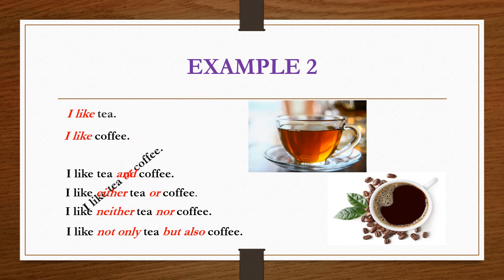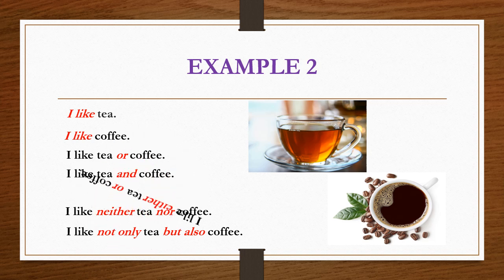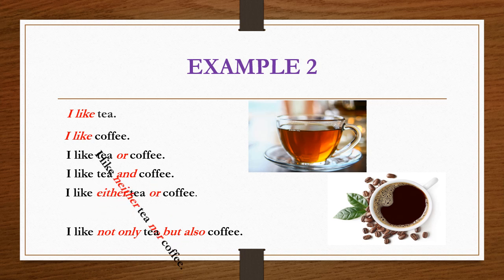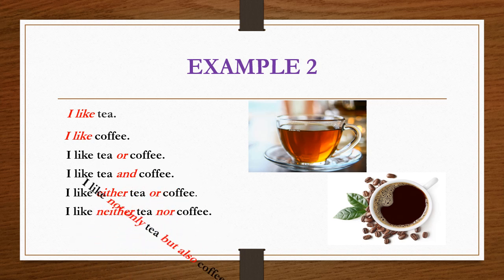The first answer is: I like tea or coffee. Or is the joining word here. I like tea and coffee. I like either tea or coffee. I like neither tea nor coffee.